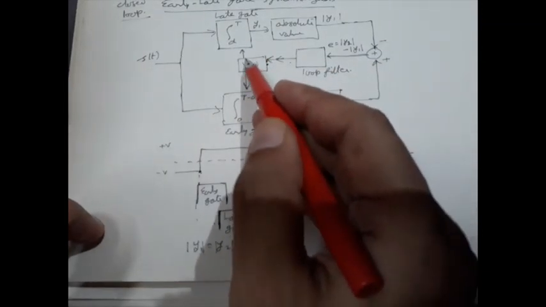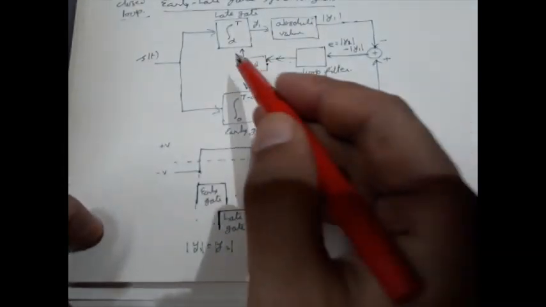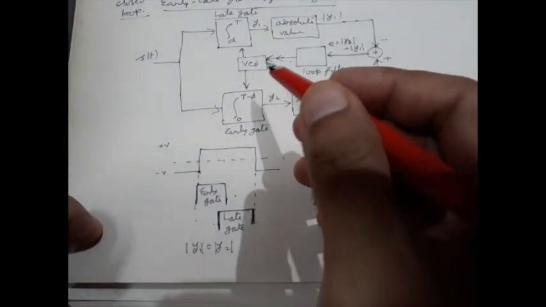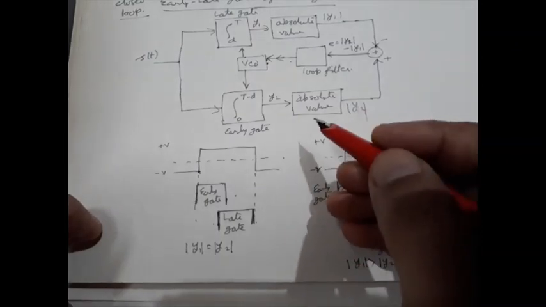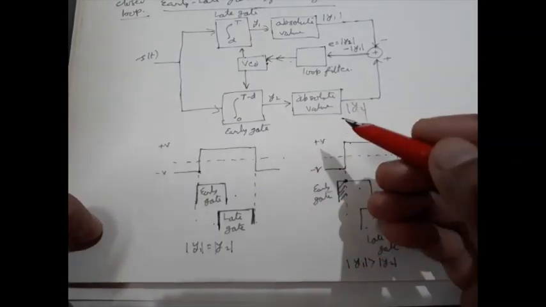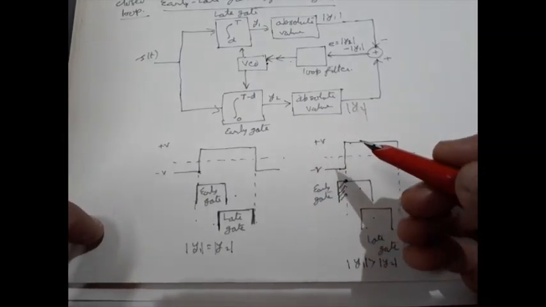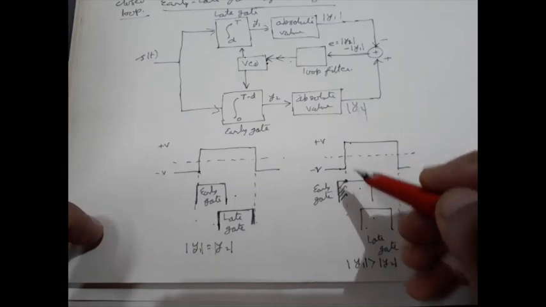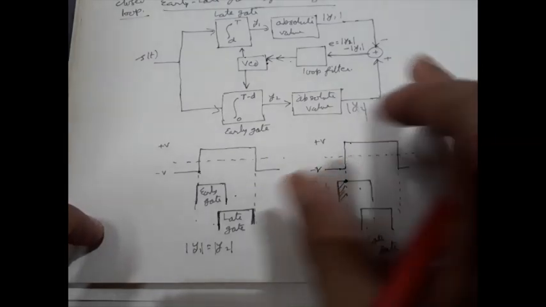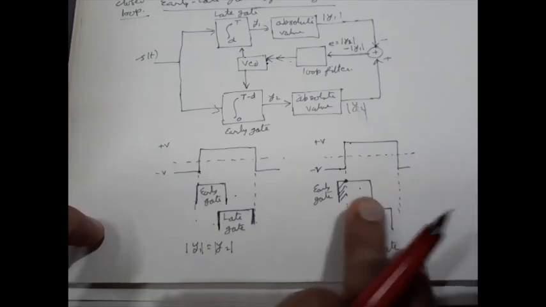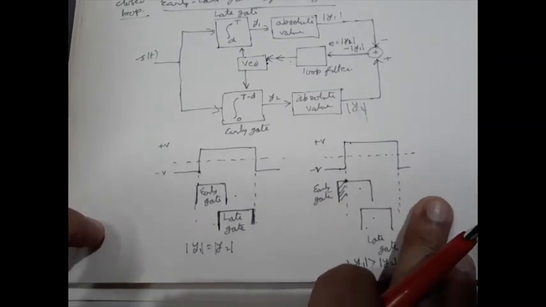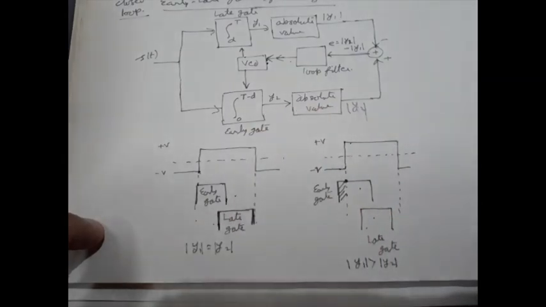That will reduce the frequency of this VCO, and it retards the receiver's timing to bring it back towards its incoming signal's bit timing. So this is how it works, and the situation will be just reversed if we have the opposite condition. So this is how this early late gate synchronizer works.